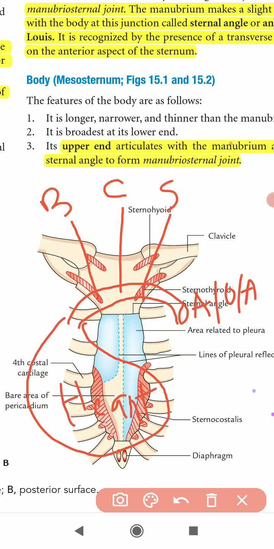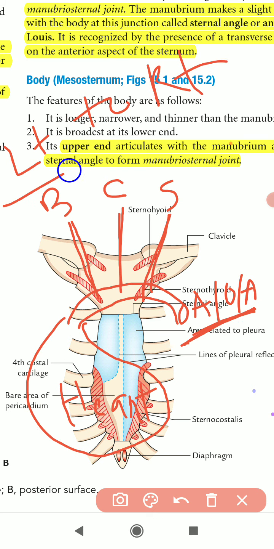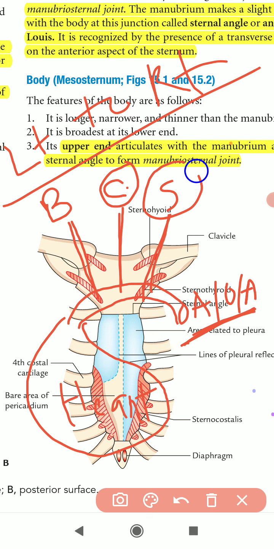So the heart lies just behind the sternum, and from it the arch of aorta arises, and from the arch three major arteries arise. You have to remember from left to right: brachiocephalic trunk, left common carotid artery, and left subclavian artery.